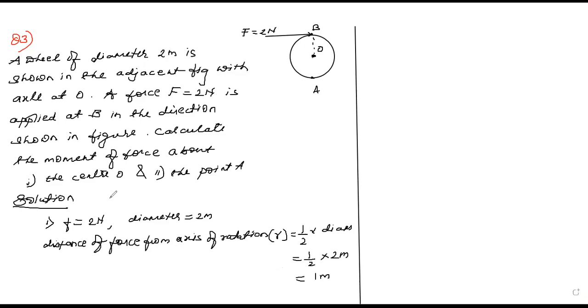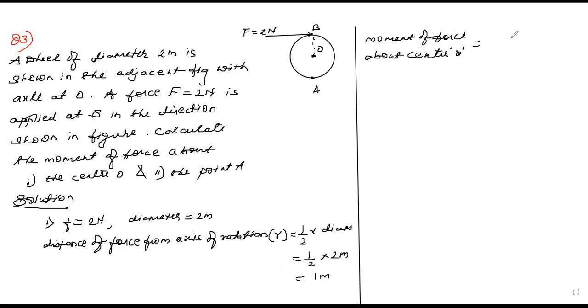Got it? 1 meter. Now can I get the first part, the moment of force about the center O. We are doing the first part only. Moment of force about center O is equal to what?